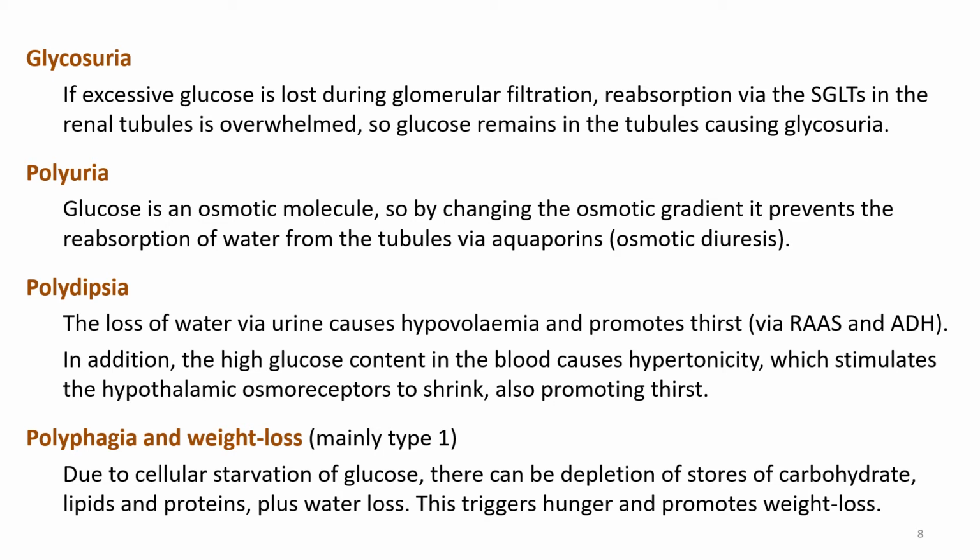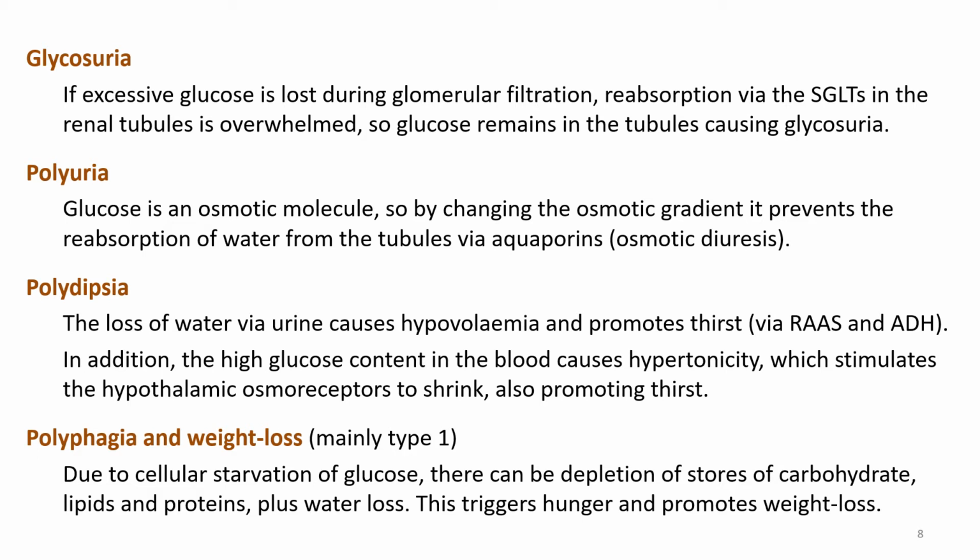Because we can't get glucose into the cells, we can't use that glucose to make ATP. So we're going to turn to alternative sources of energy. These alternative sources of energy, carbohydrates, lipids, and proteins, are all going to be broken down for energy because we can't use the glucose. When they're broken down, of course, then we start to get weight loss.